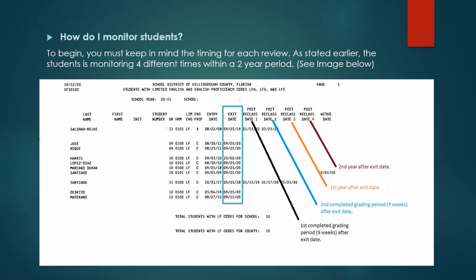It's typically 9 weeks after or more from the first review. Notice the third date has to be the first year after exit day or after. And the last time, the fourth monitoring should be the second year after exit day or thereafter.